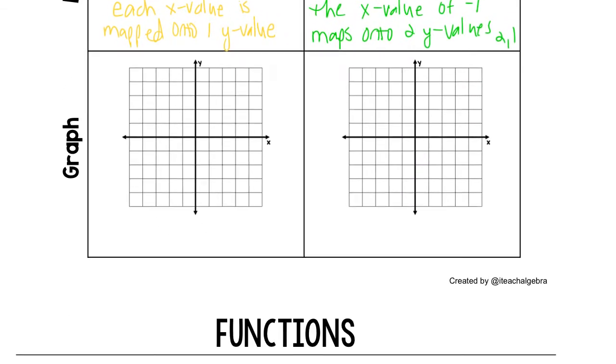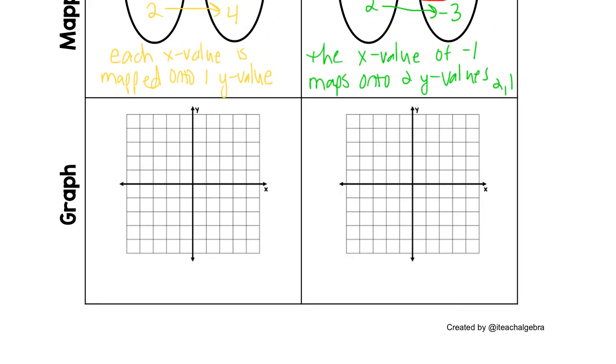Last but not least, we're going to stick with those same points, but now we're going to do a graph. So we'll do (-2, 2), (0, 3), (1, -1), (2, 4). We're going to use what's called the vertical line test.